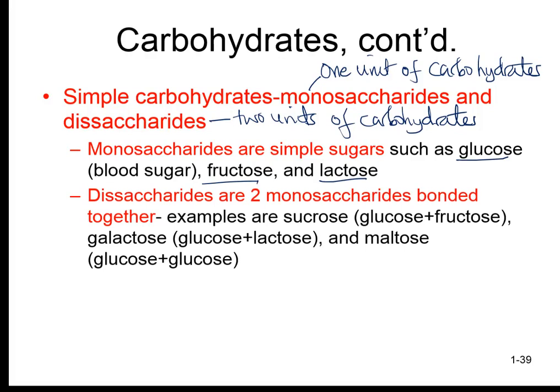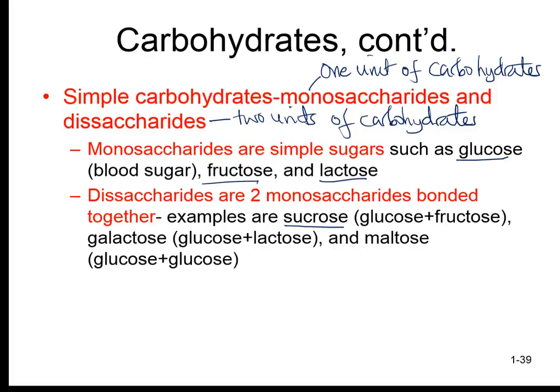Disaccharides are when you combine two monosaccharides. So you need to bond them together. I think the most important disaccharide that we know is sucrose. The sugar that we put in our tea is sucrose. It's a combination of glucose and fructose.